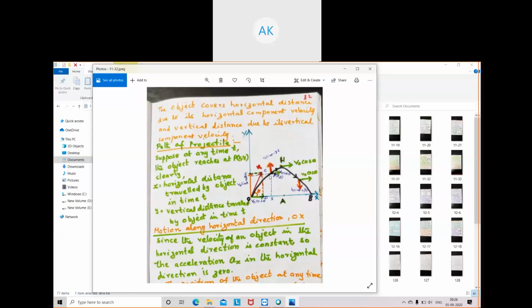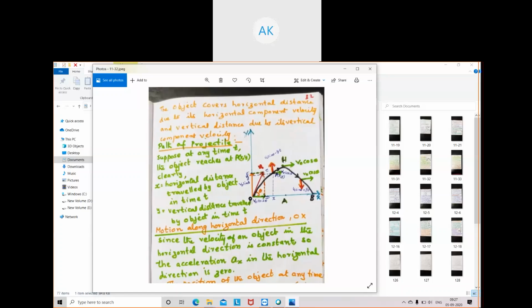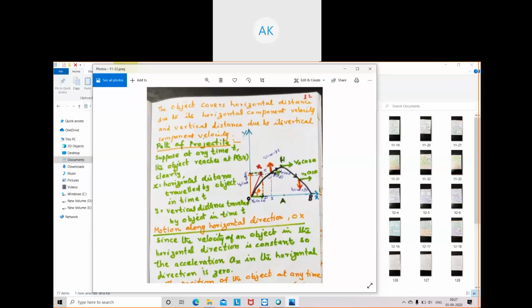We have taken a point P here. At a time t, the body is at P during its motion. Its coordinates are x along the x-axis, and along the y-axis it traveled OY distance, with dotted lines drawn from here.